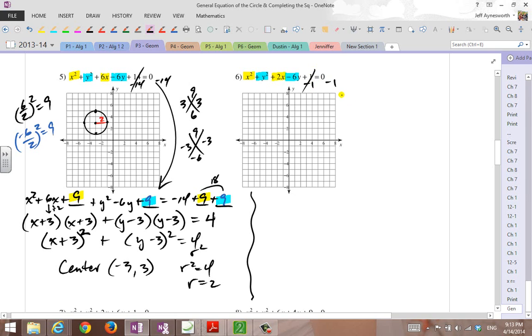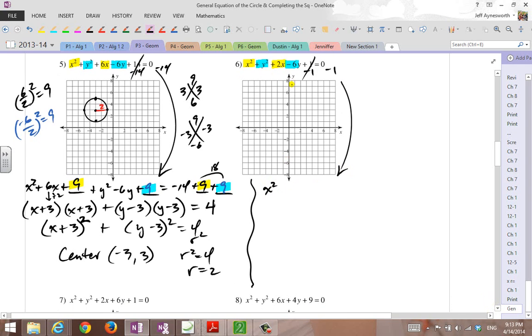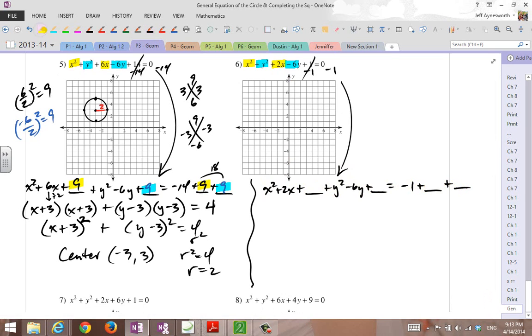And so we've got x squared plus 2x plus something, plus y squared minus 6y plus something is equal to negative 1 plus something plus something. I've got to complete the square for the x's and add it to both sides, and then I've got to complete the square for the y's and add it to both sides.